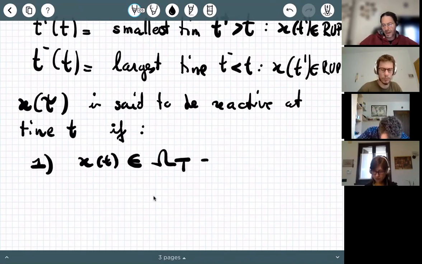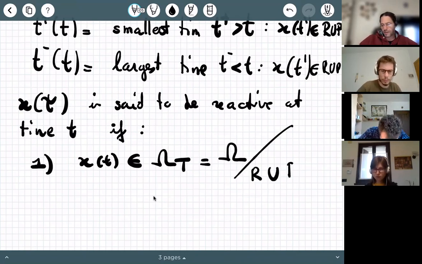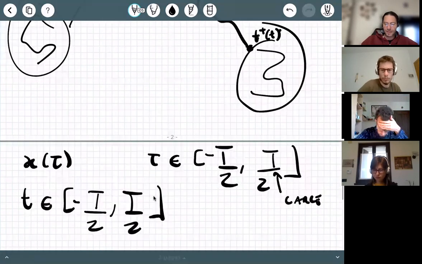So what is omega tau? It is the complement of the configuration space volume, modulus the R united P regions of configuration space. In other words, I must be in between.